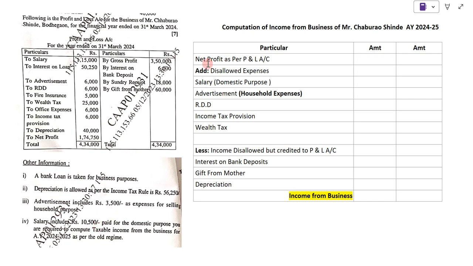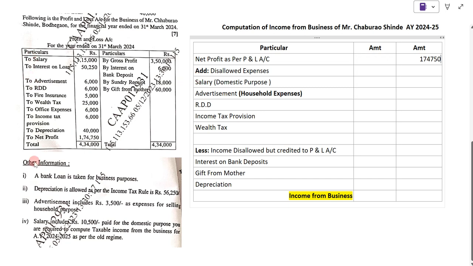Now first, as per the format, write net profit as per P&L account. So what is the net profit? 1,74,750 is the net profit. From that, add the disallowed expenses.